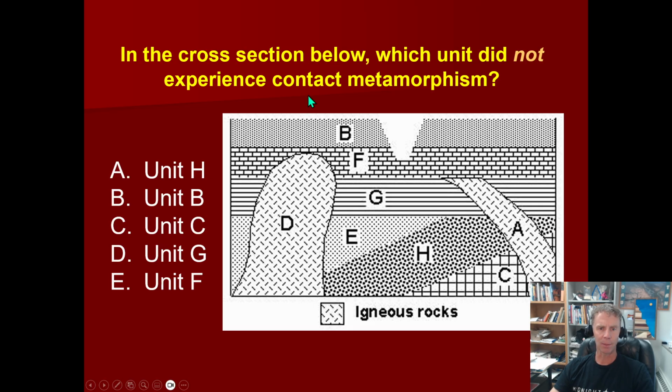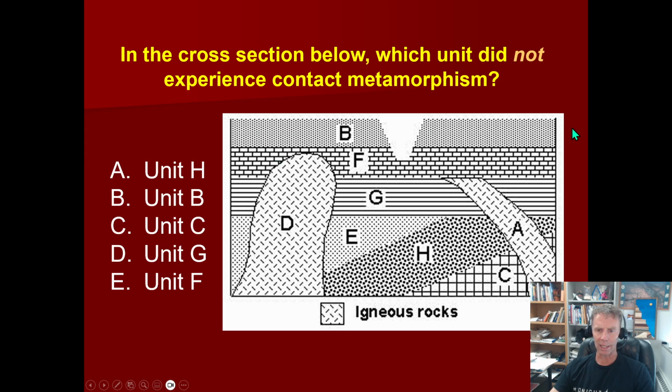So remember, contact metamorphism is where magma is in contact with the existing rocks that are there. So we could say then that around this magma body D, there is contact metamorphism that has occurred around the margin of this, and that would have cooked to some degree, or metamorphosed, H, parts of E, G, and F. Likewise with this magma body over here, it would have done some contact metamorphism to C, H, G, maybe F, and then the same ones on that side.